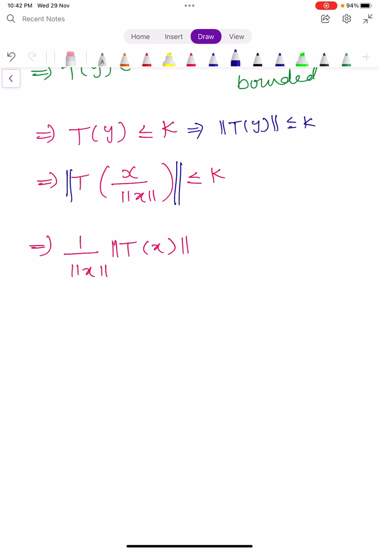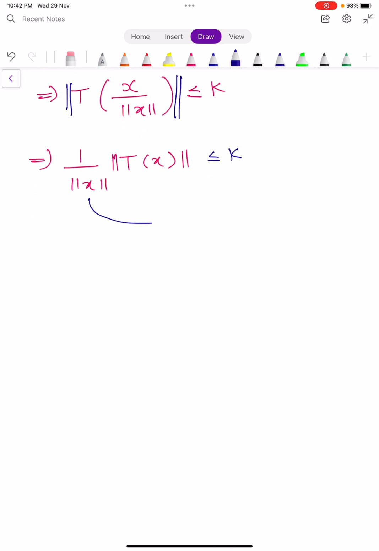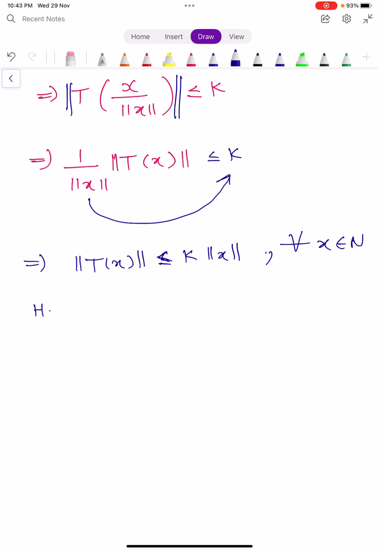So 1 by norm X into norm T of X is less than or equal to K. Now shifting this term to the other side, you simply get norm T of X is less than or equal to K into norm X. This is true for all X belonging to capital N. Hence we conclude that T is bounded.